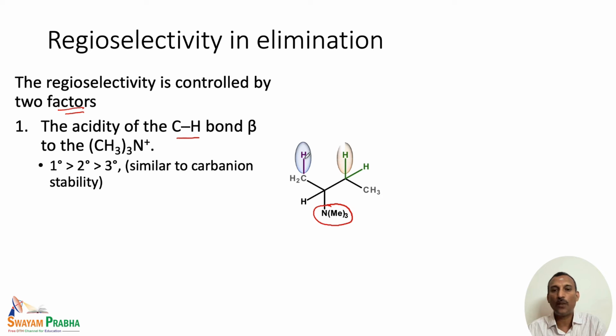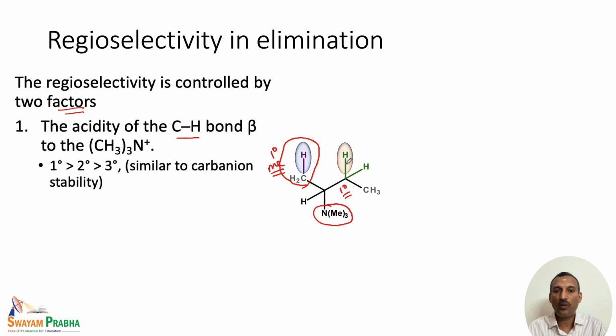We have two types of hydrogen, one shown here in purple and another shown in green. This hydrogen is part of a primary alkyl group, the CH2 unit, and this one is from the methyl unit.